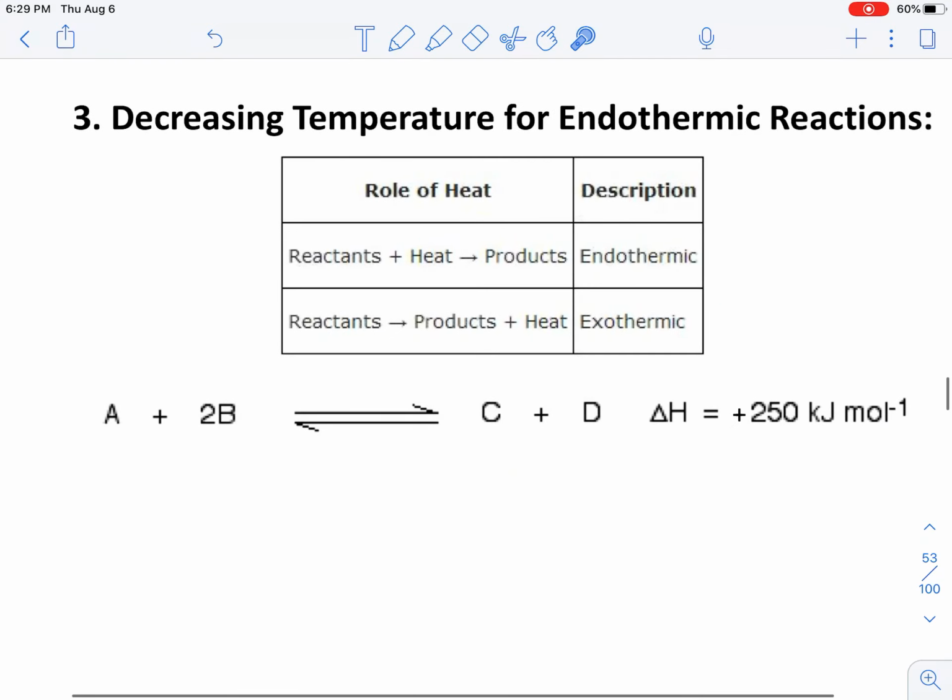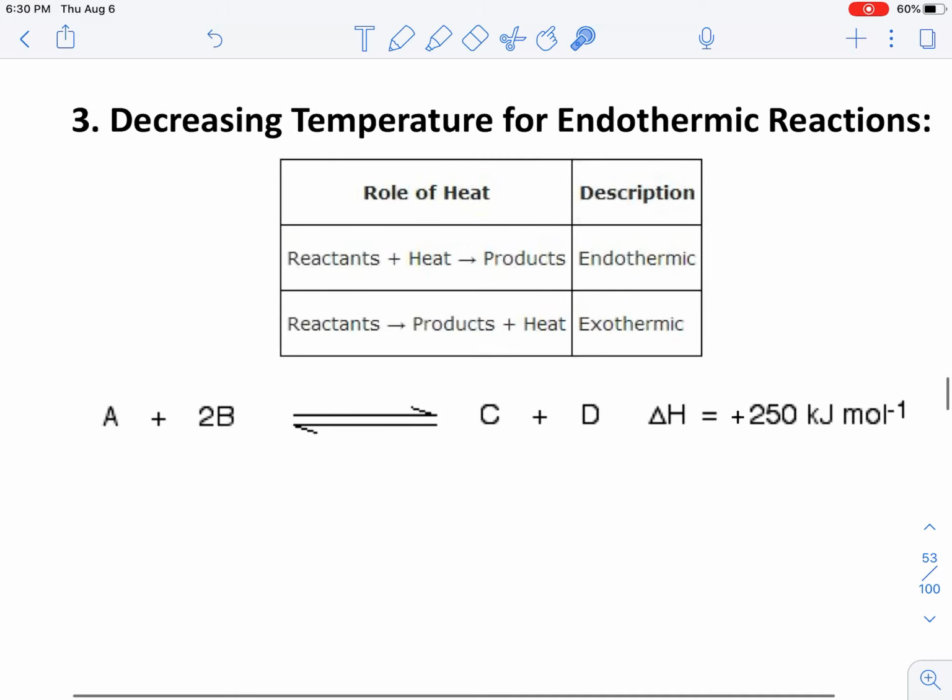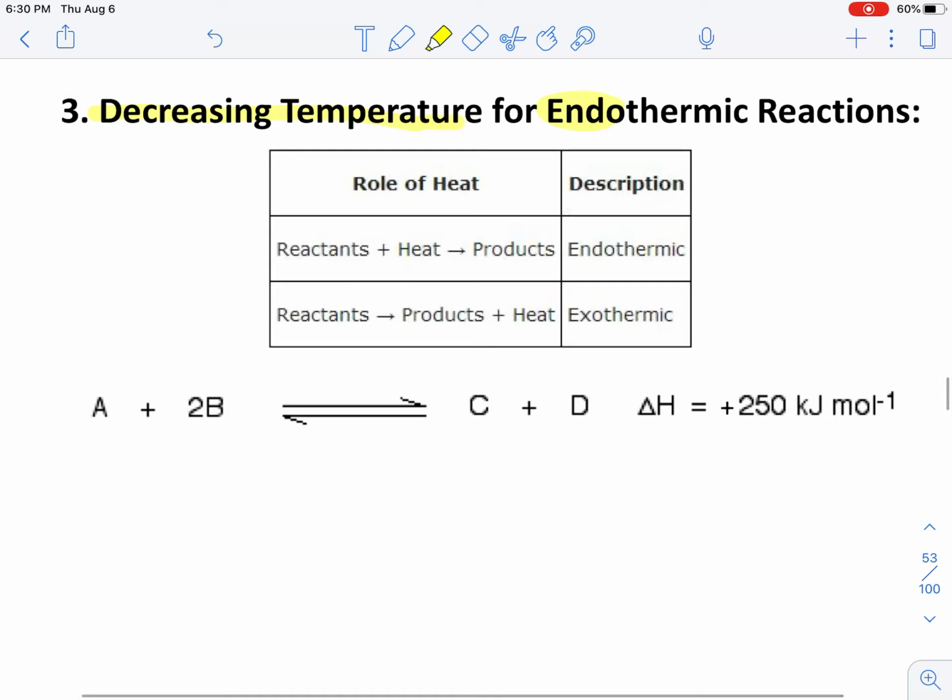Let's look at our last example. If we decrease the temperature for endothermic reactions, how will the equilibrium shift? Will it shift to the left or to the right? To answer this, we first need to identify that the reaction is endothermic, and it is because the sign of enthalpy is positive.